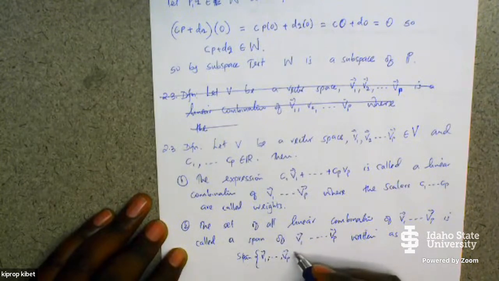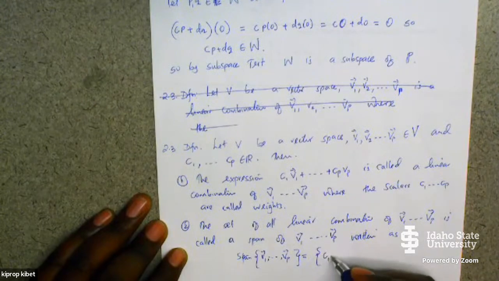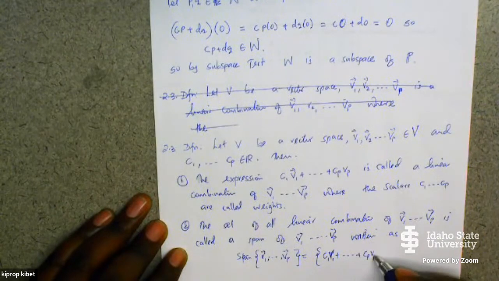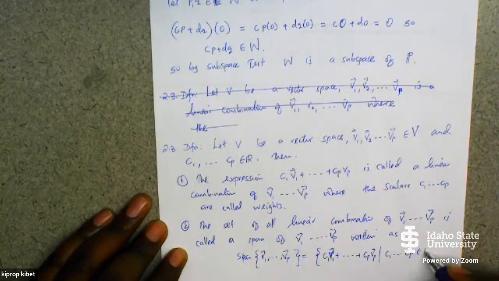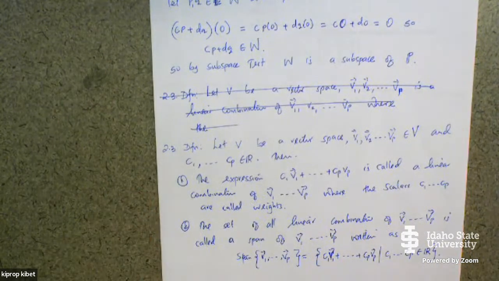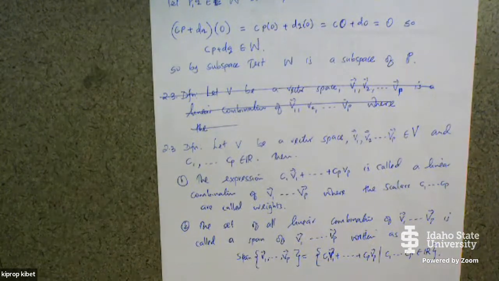This is basically the same as C1 V1 plus Cp Vp, such that C1 all the way to Cp are elements of the real numbers. That is what we already defined last time.